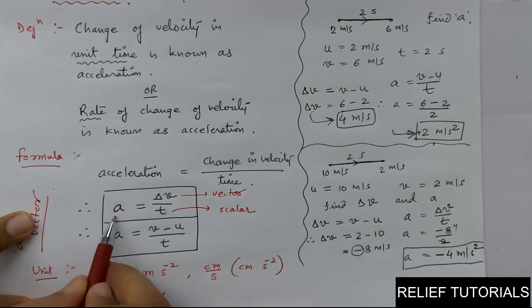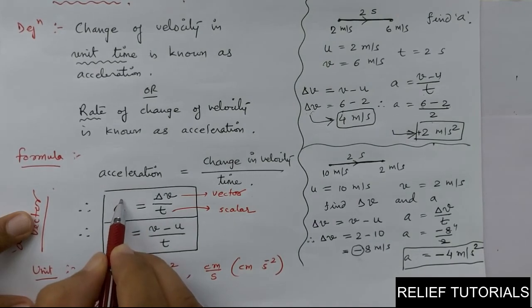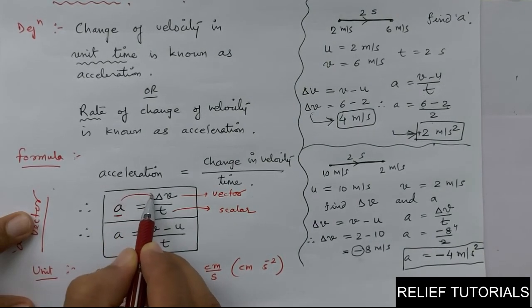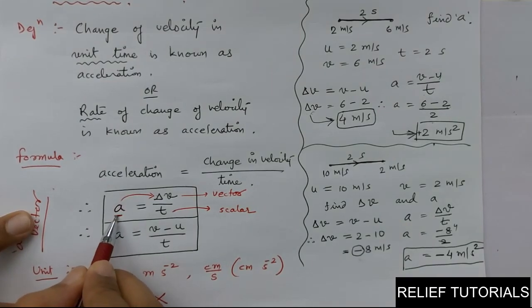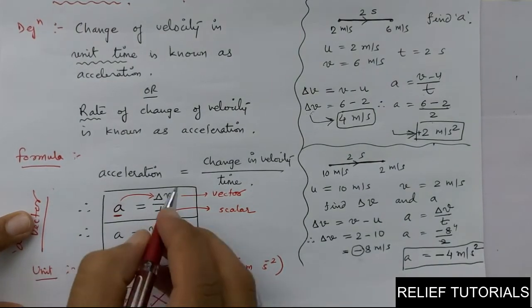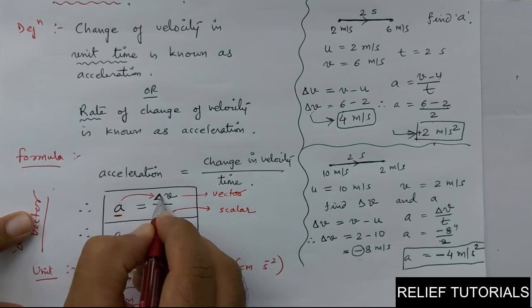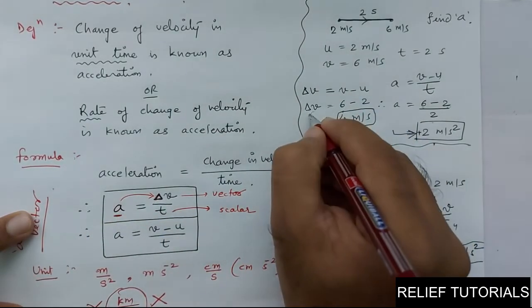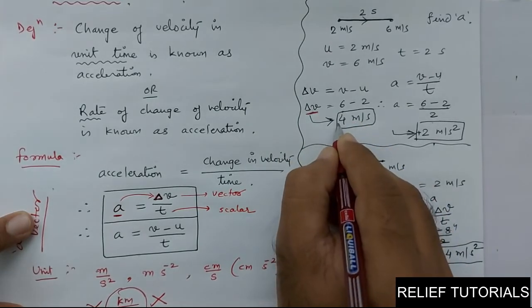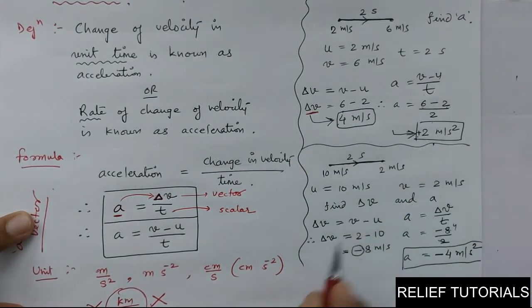Then what should be the direction of acceleration? I think the direction of A will be totally the same as the direction of delta V, because the direction of A, meaning acceleration, depends on delta V. Look at here. What is the direction of delta V here? Positive. So the direction of A is also positive. Here the direction of delta V is negative, so the direction of A is also negative.